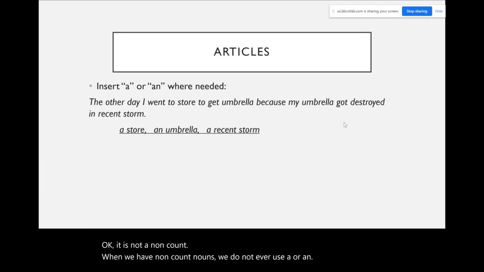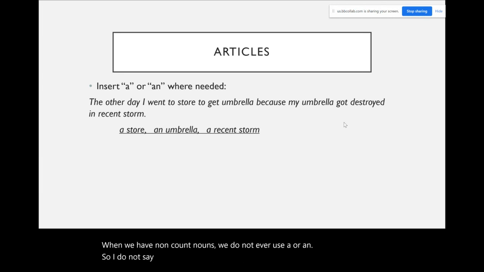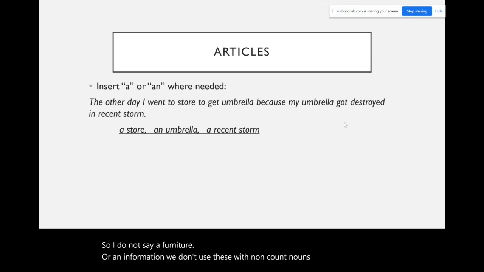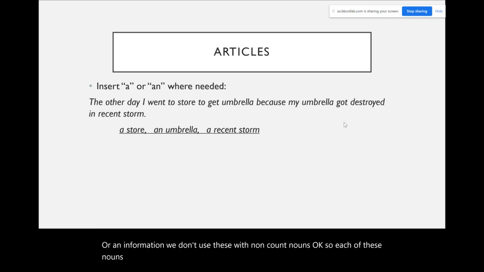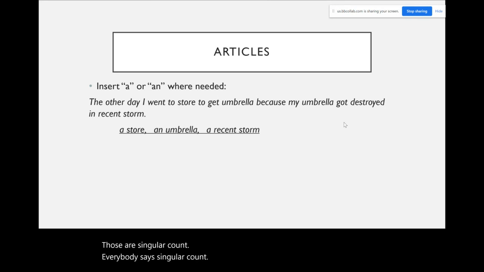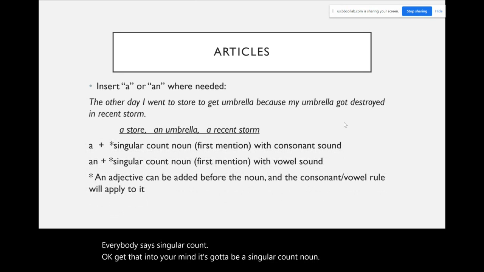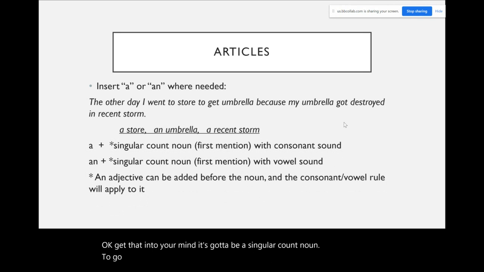So I do not say a furniture or an information. We don't use these with non-count nouns, okay? So each of these nouns, store, umbrella, storm, those are singular count. Everybody say singular count. Singular count. Okay. Get that into your mind. It's got to be a singular count noun to go with a or an.